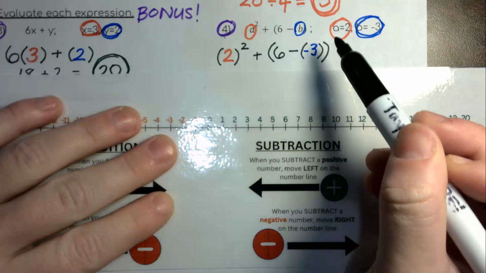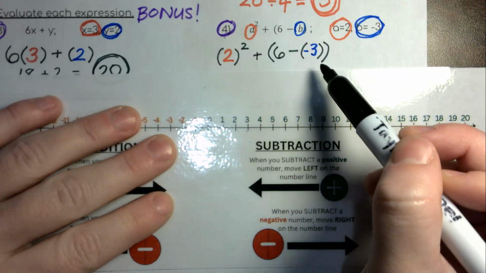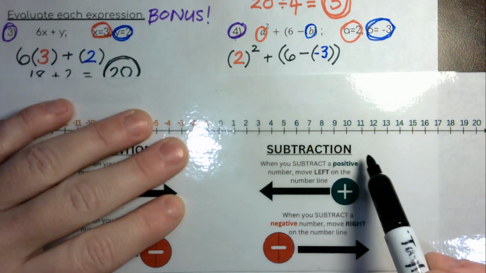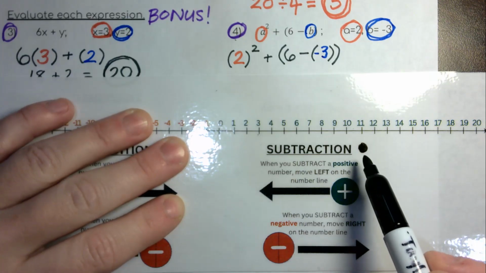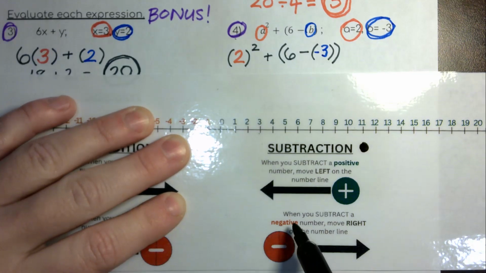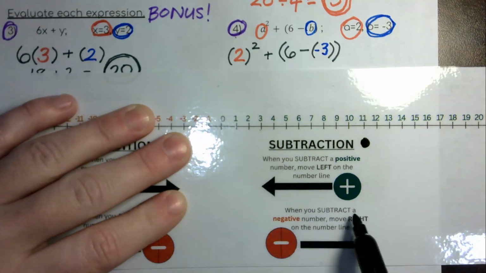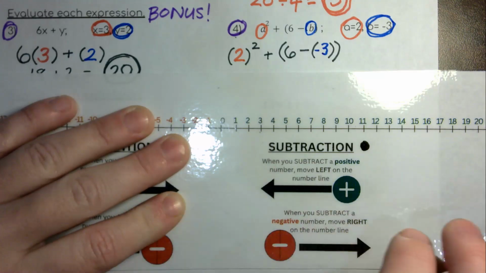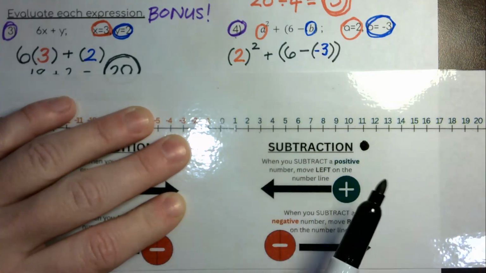And then are we subtracting a positive number or a negative number? Negative. So we are in subtraction and we're subtracting a negative. Now the second option here says when you subtract a negative number, you move to the right on the number line.